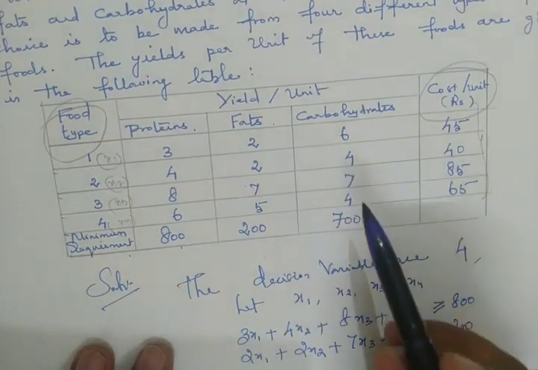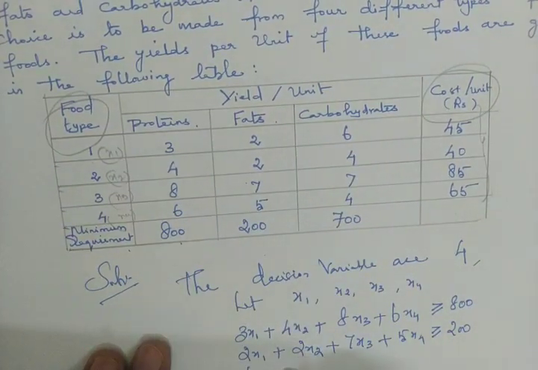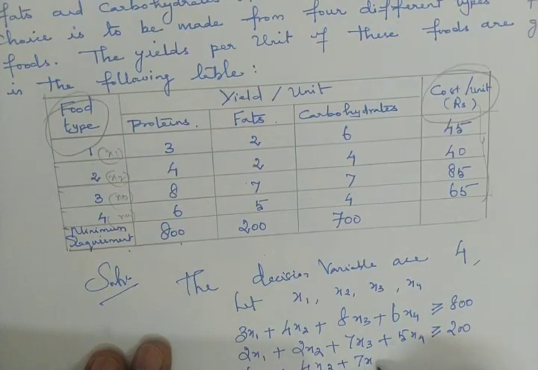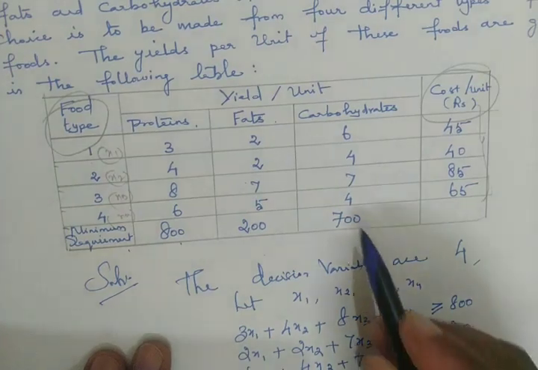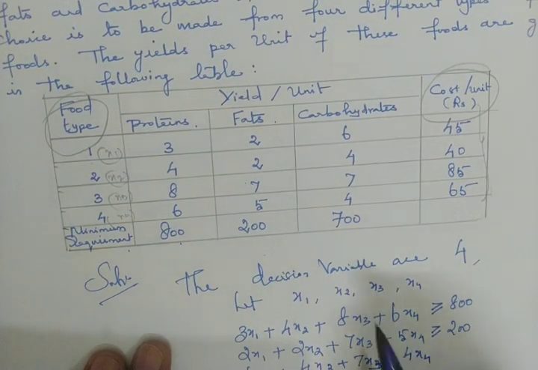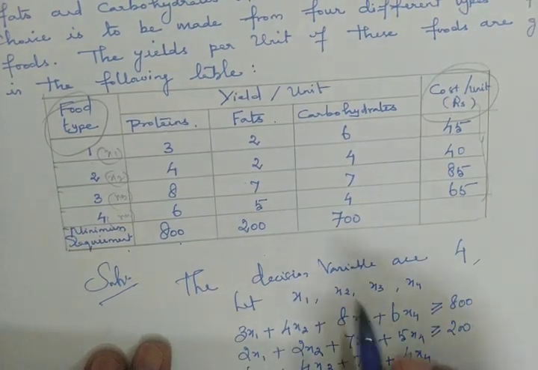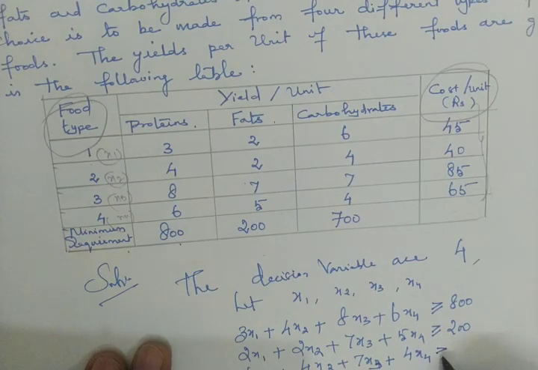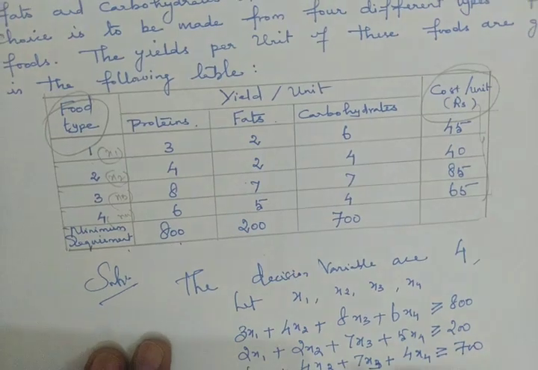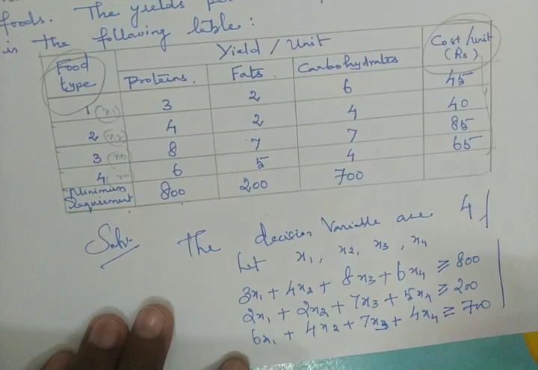Similarly for the third constraint, 6 into x1 plus 4 into x2 plus 7 into x3 plus 4 into x4. The minimum requirement level of the carbohydrates is 700. Minimum we need is 700, the reason we are putting greater than or equal to 700.